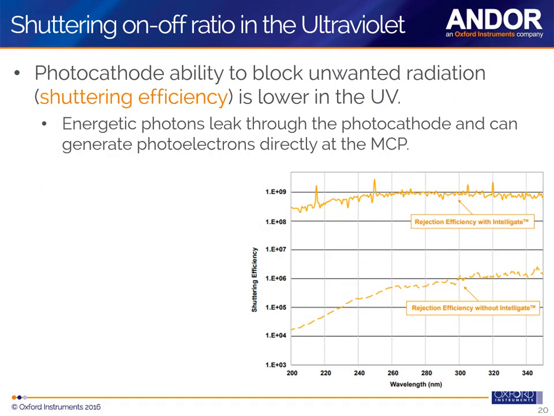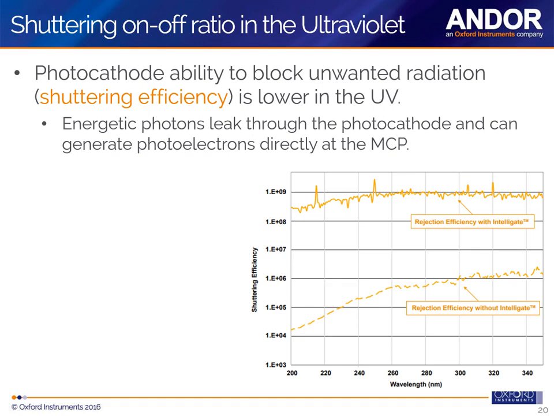In the ultraviolet, even if the photocathode is off and the electric field repels the photoelectrons away from the MCP, higher energy UV photons can sometimes go through the photocathode, not be absorbed, and reach the MCP. Sometimes they have high enough energy to generate photoelectrons. Now remember that only the photocathode has been toggled.